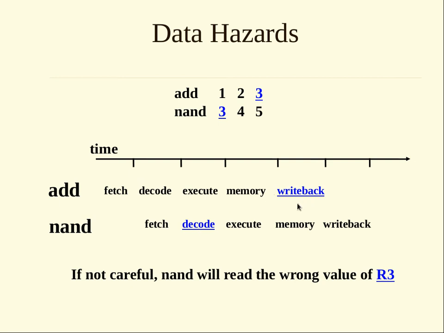So I guess one solution would be to put time machines in every processor, but have you made that yet for us? Unfortunately, it's not OS either, so we can't just cache it or ignore it. You definitely can't ignore things in architecture. That's not acceptable. If we're not careful, NAND will read the wrong value, so we need to somehow forward it.